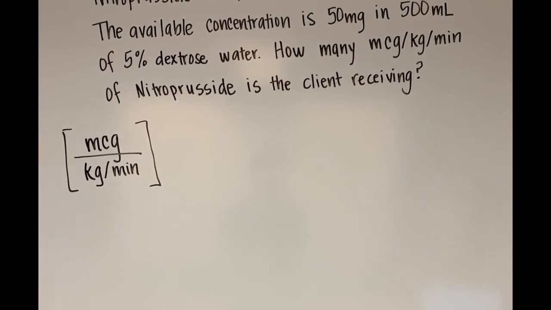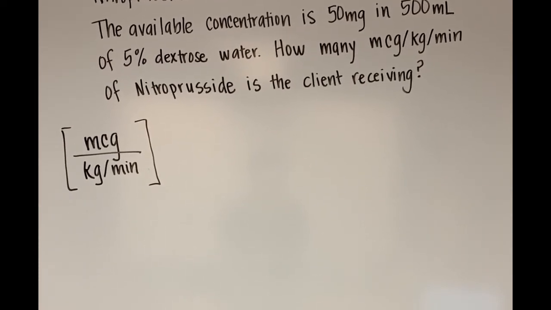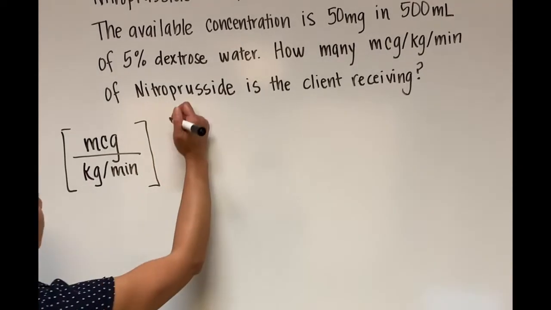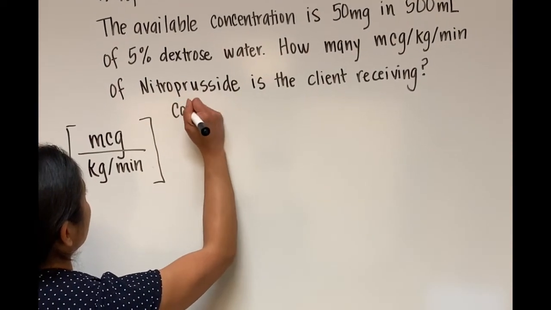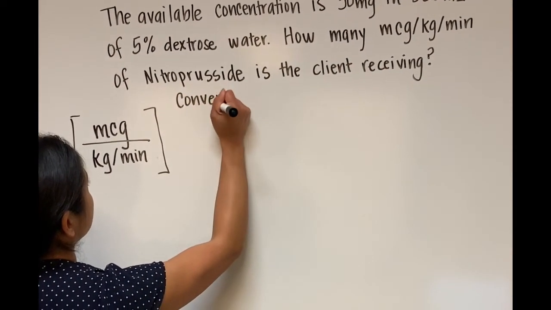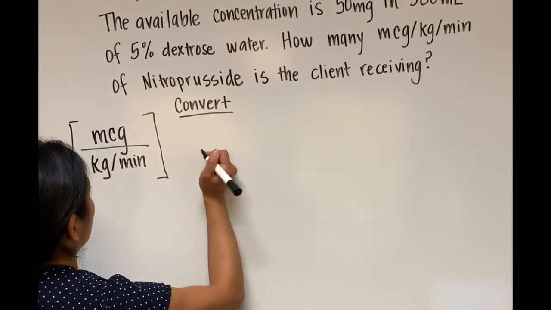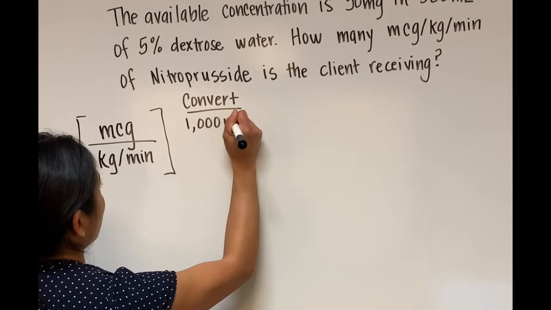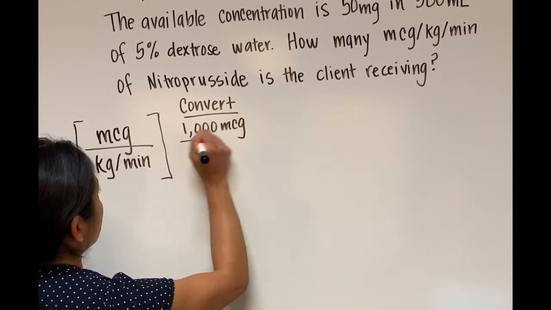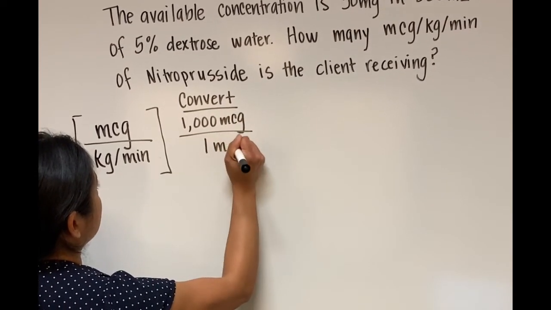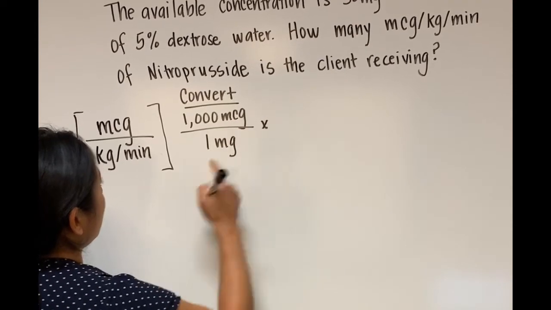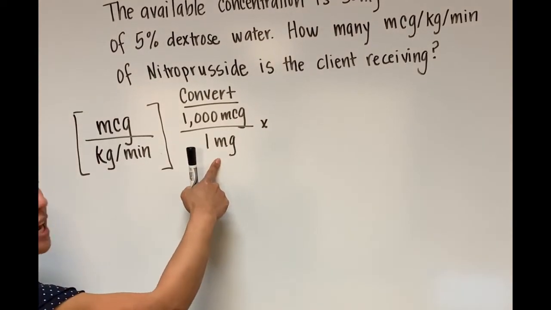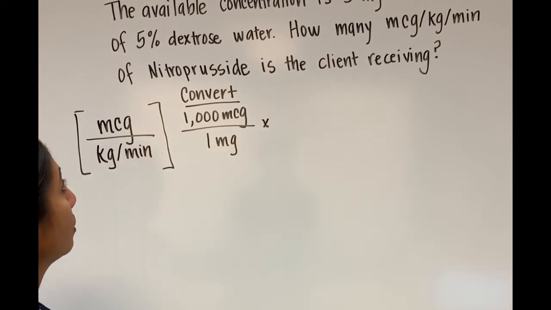We don't have anything that has micrograms, so we can go ahead and try a conversion, okay? So let's convert here. And we know that 1,000 micrograms is in 1 milligram. But we know that these two do not match, so we need to cross cancel that.